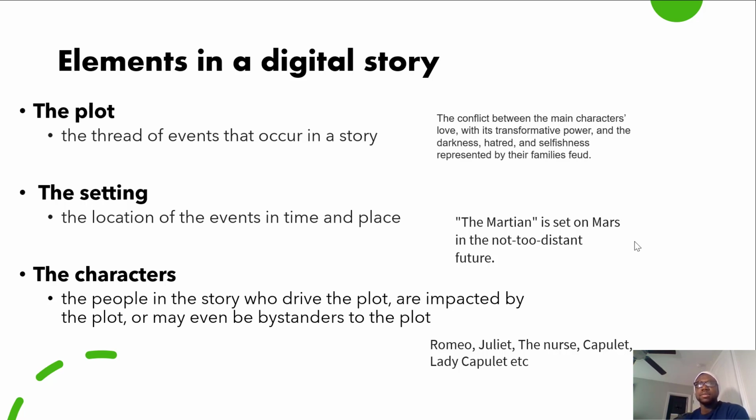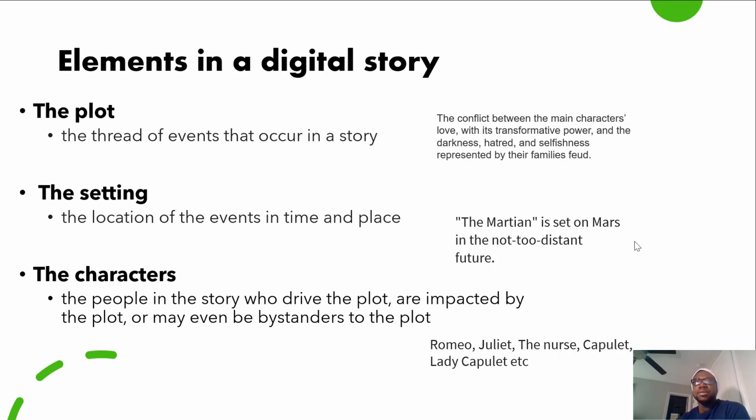So the love between two individuals from families that are actually in conflict, this is the plot of the story, and that was what transpired throughout the story.